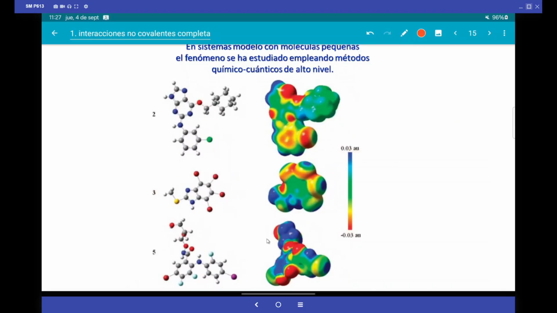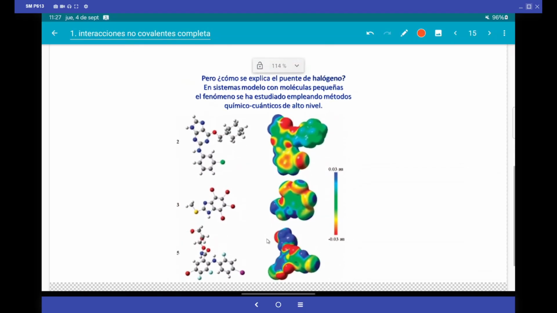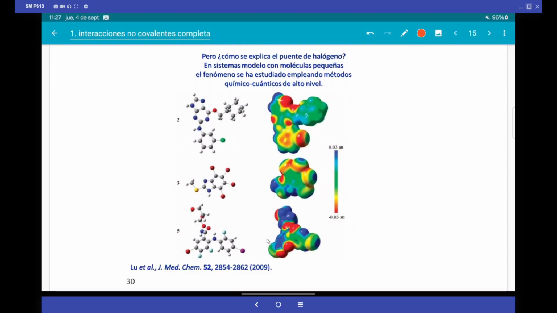Well, here we have three molecules from a study reported in 2009, where we can see at the computational level what happens with the electrons on the surface. This is a map of molecular electrostatic potential, or electrostatic potential map.